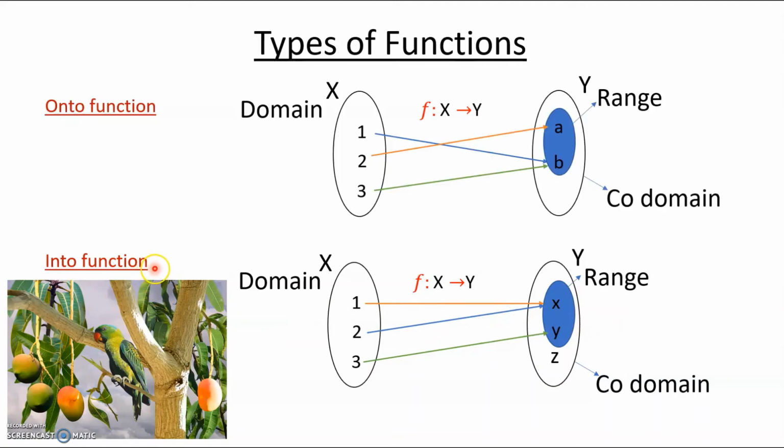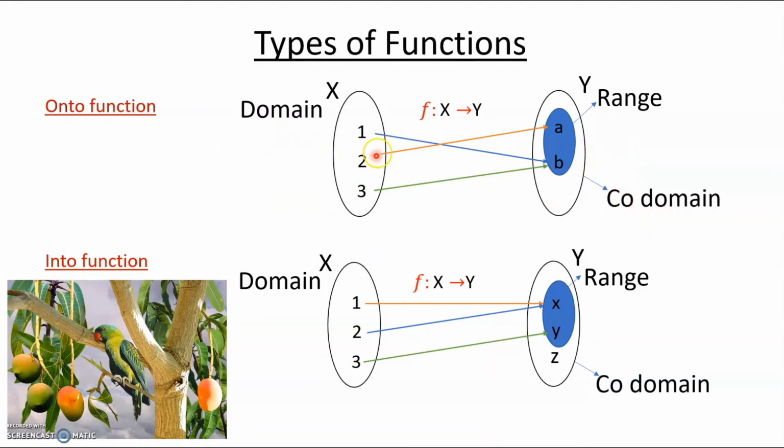Now, similarly, the onto function is just the opposite. Your range and your codomain will be equal. I cannot illustrate this with the parrot example; you would need a different one, but it's easier for you to visualize now.